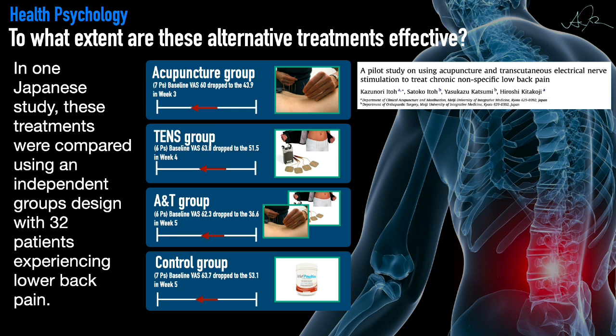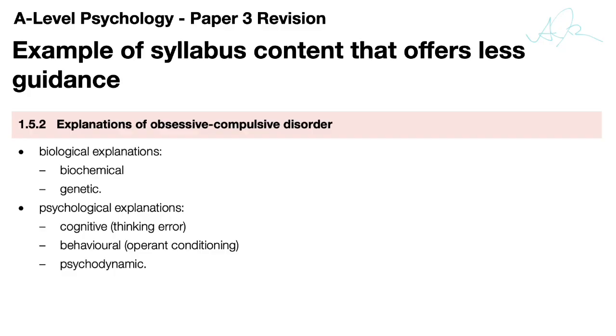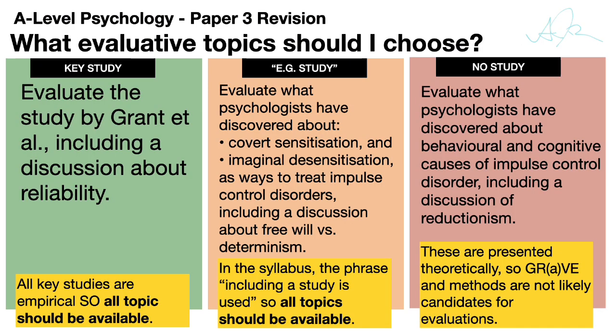It's going to be really difficult to get long paragraphs from the no study questions. And this is why I believe that sometimes the tests are not completely fair. For example, if you were studying clinical and consumer and another school was studying clinical and health, maybe the health question was a key study, whereas the consumer study was more abstract, or an EG study.